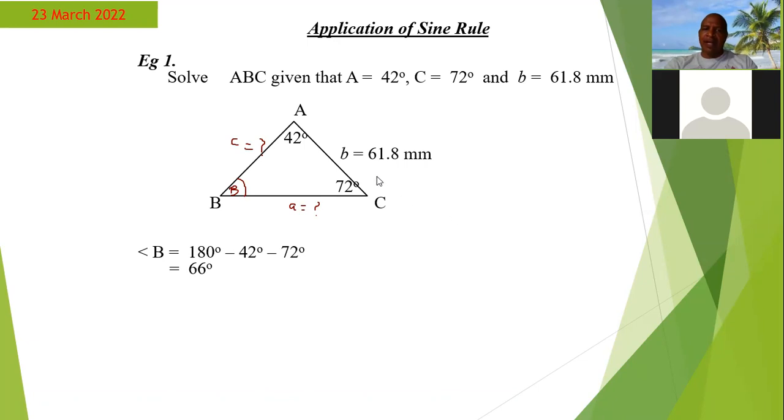So we have to look for an angle that we know and a side opposite to that angle. We have just calculated angle B. So angle B would be 66 degrees. Let me put that in. So angle B here is 66 degrees.